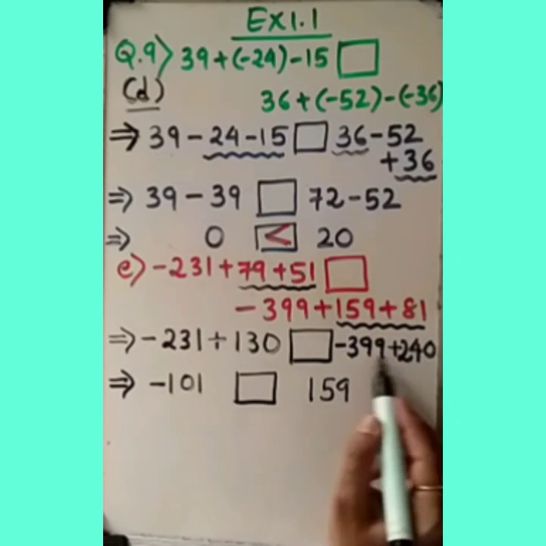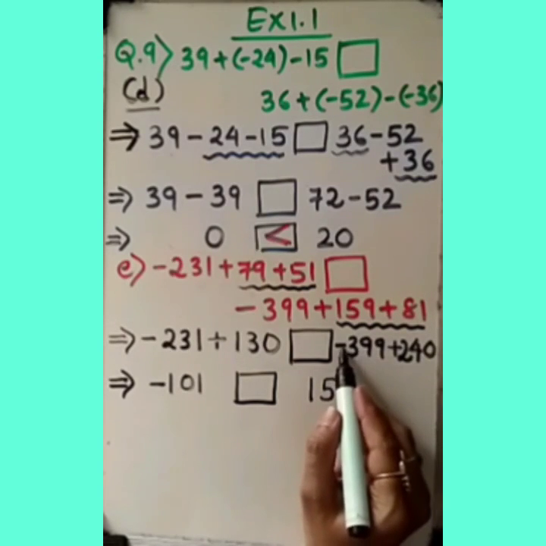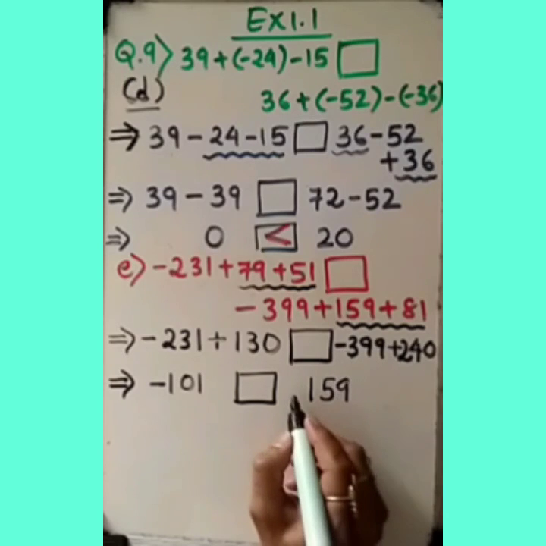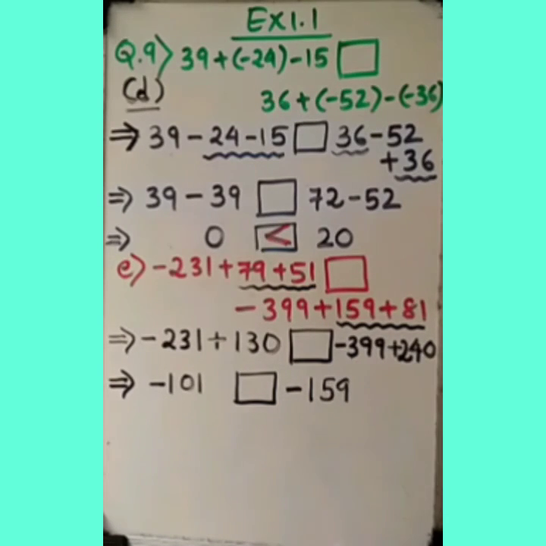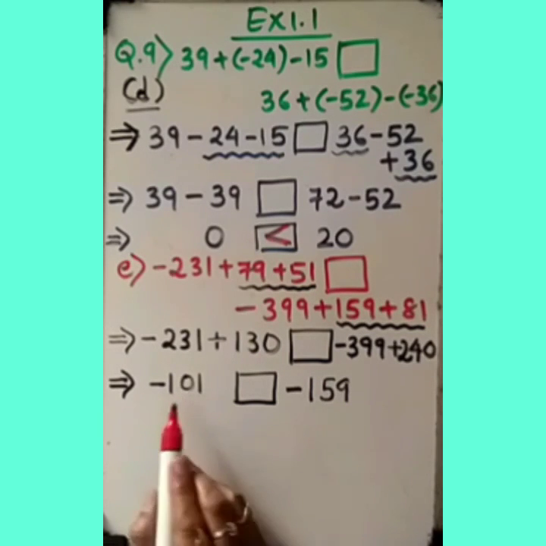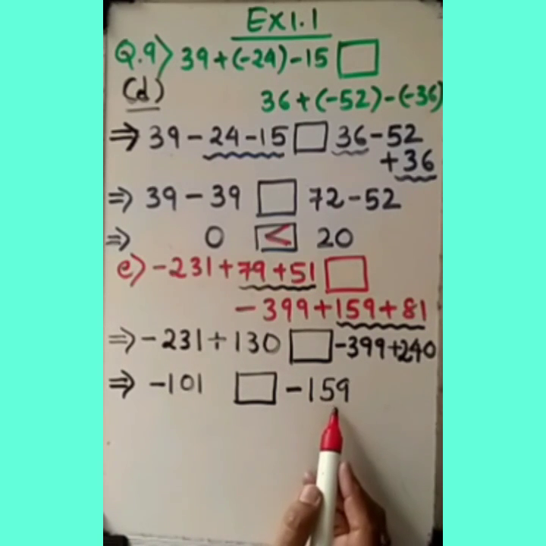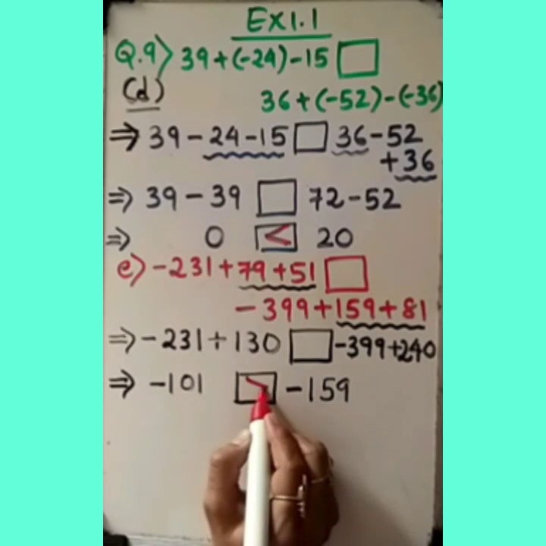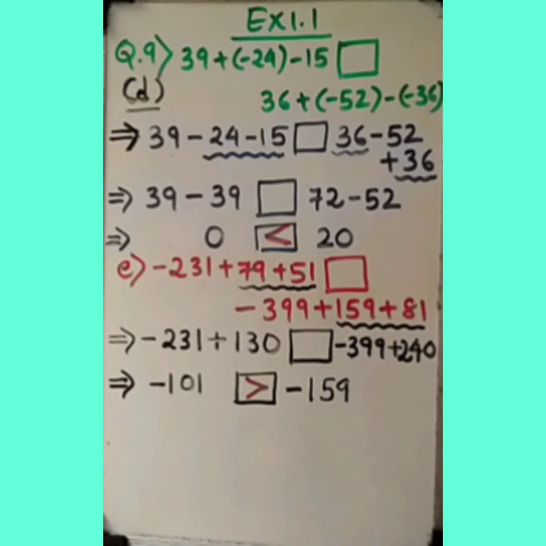And of both of these numbers, this one is the bigger number and its sign is negative, so here we need to write minus. Now how to decide which one is bigger from both of these numbers? So simply, minus 101 comes to the right side of this number, so this number is the bigger number. So this is the complete solution of question number 9.